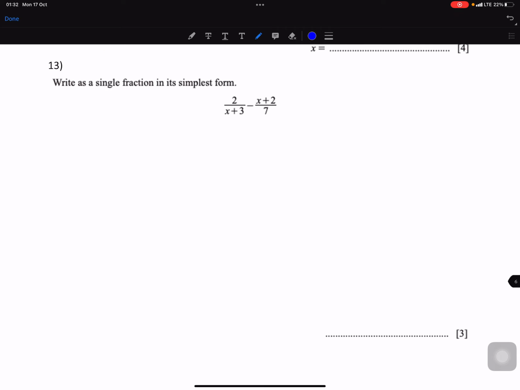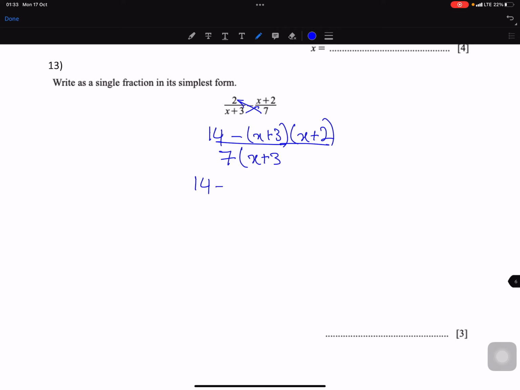Writing as a single fraction, so you start by putting the 7 and the x plus 3, then multiplying the 7 by 2 to give you 14, minus multiplying this 2. And remember to use the brackets, extend this a little bit, x plus 2.